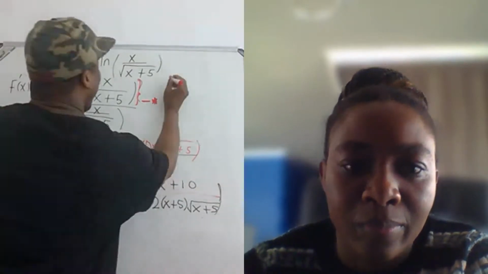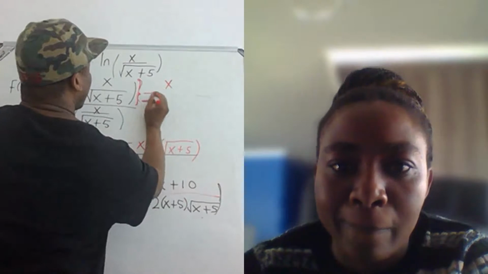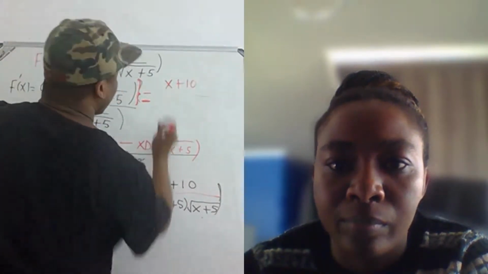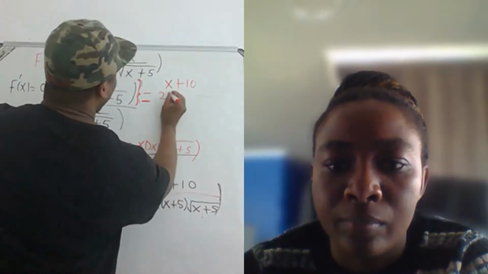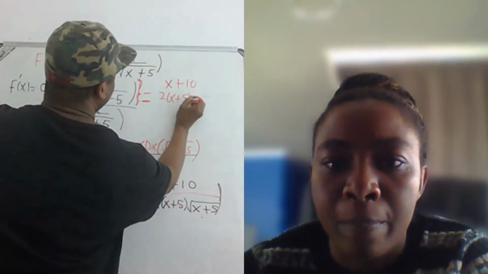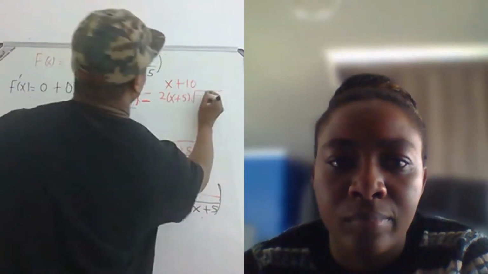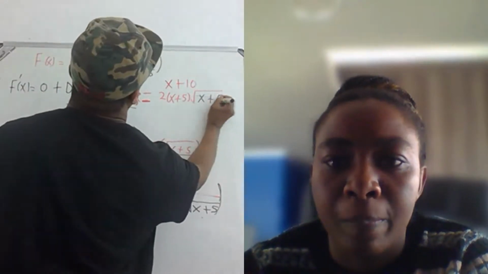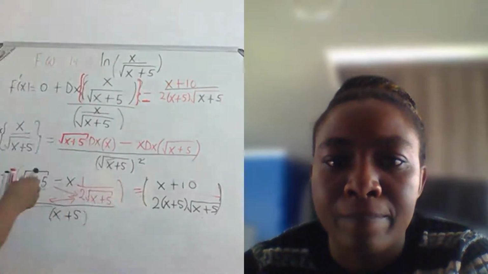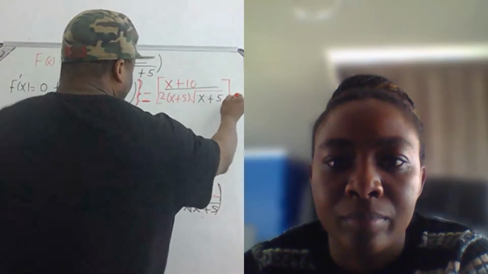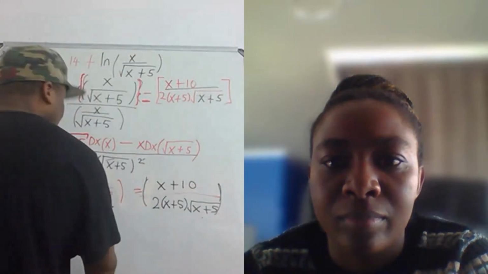So it's going to become x equal to x plus 10, 2, x plus 5, and the square root, x plus 5. And then we go over. Now, if you want to do those cancellings, you can do it now because we have already differentiated.